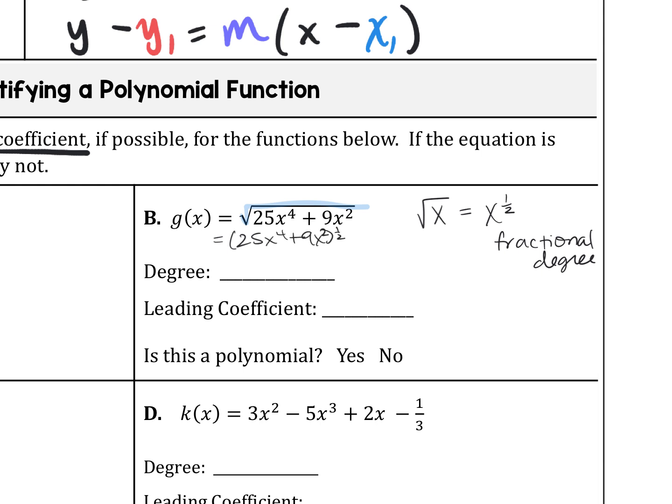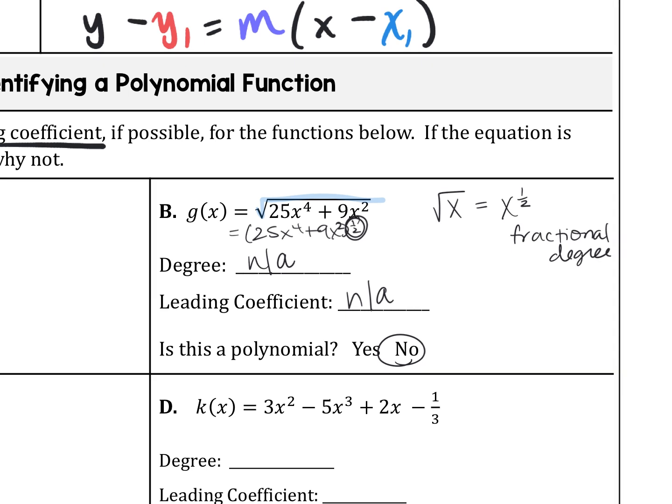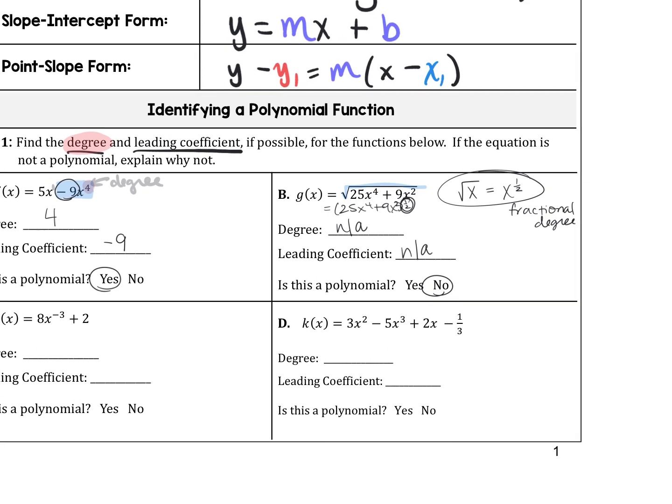Because we have that 1/2 here, we say that there isn't a specific degree because this technically is not a polynomial, and therefore there is also no leading coefficient, because a polynomial will have whole, positive exponents.